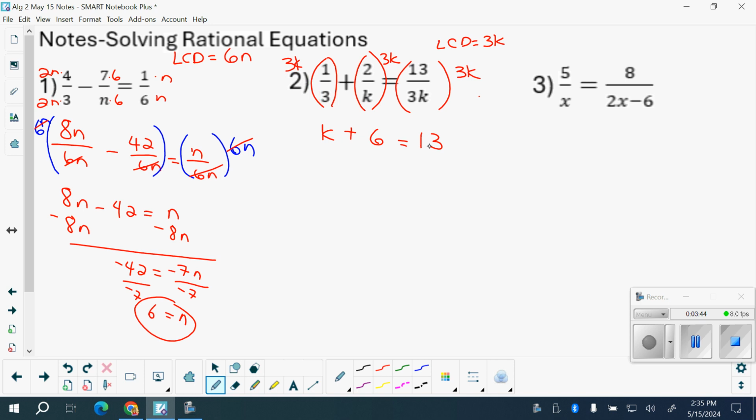I will do it this way on the rest of them. This way, I think more students understand. Would you like me to show it the other way on this one? No, you're good. Okay.